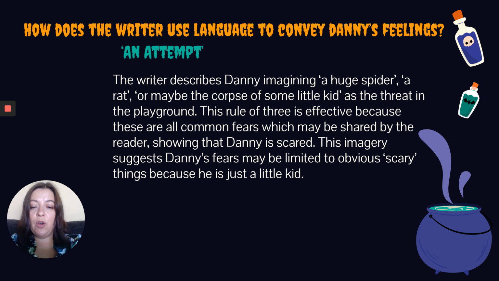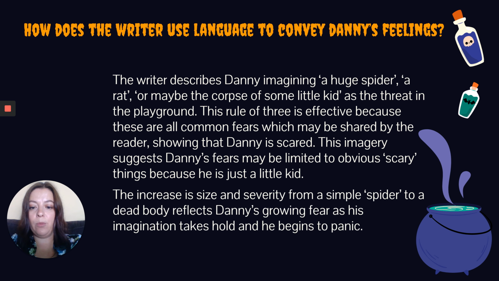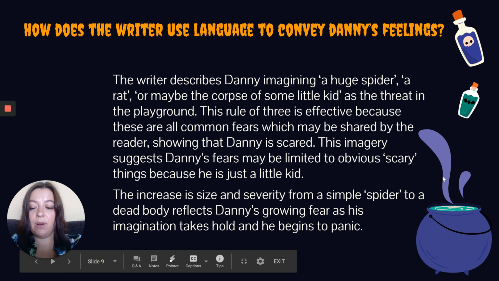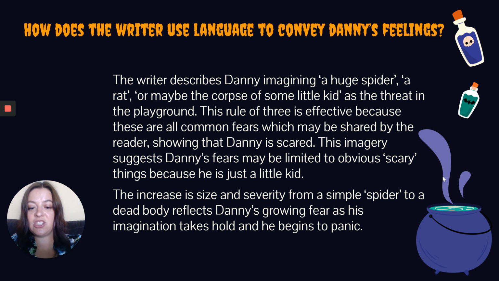To move it up into the higher category, you need to add a little bit more. And here we have: the increase in size and severity from a simple spider to a dead body reflects Danny's growing fear as his imagination takes hold and he begins to panic. Okay, another typo there.